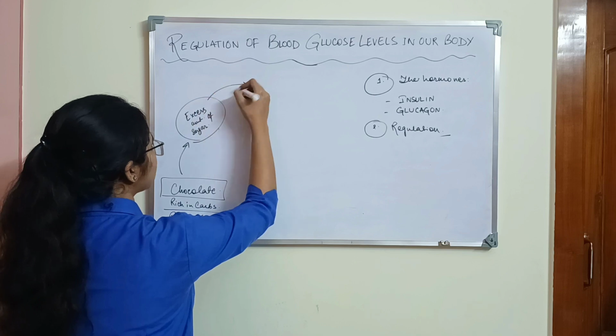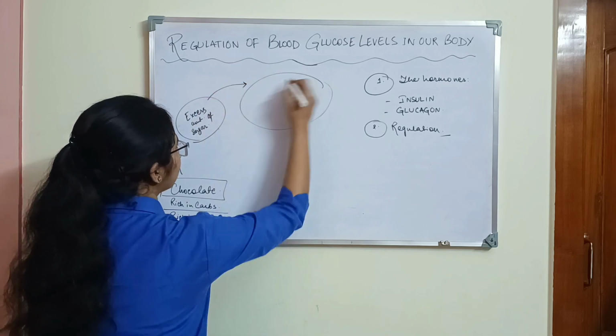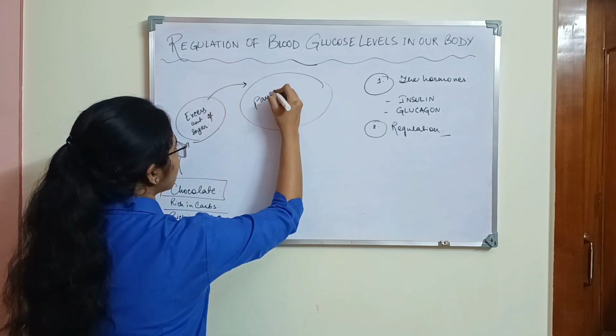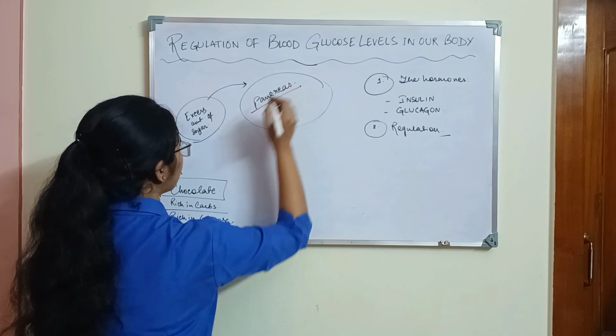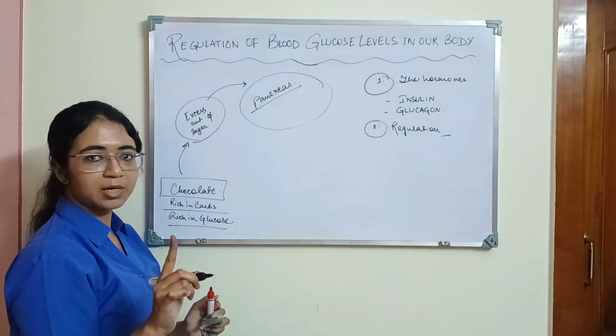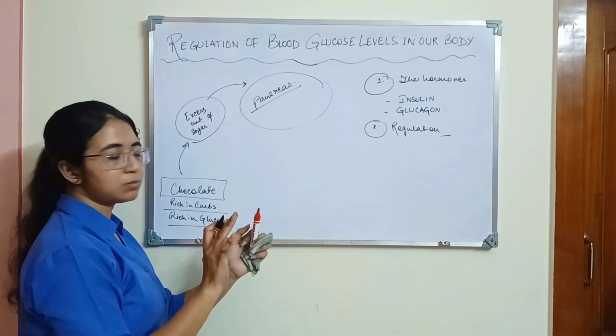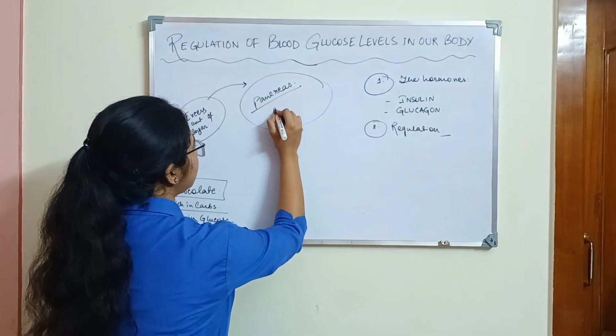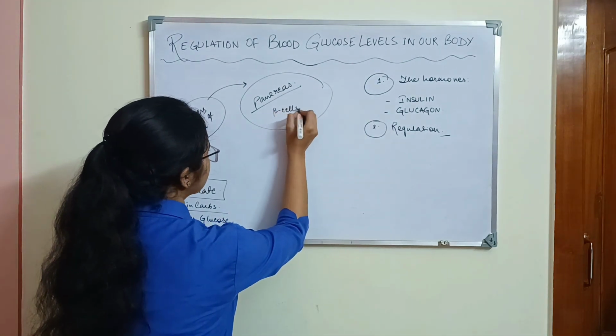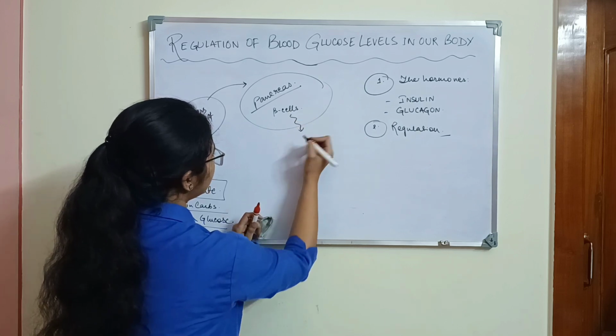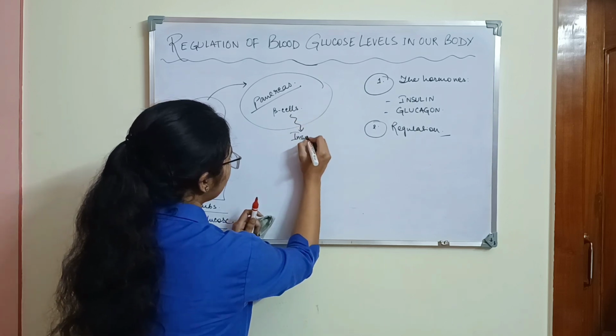This condition stimulates the pancreas to secrete insulin, because we need to lower the amount of sugar in our blood, otherwise body stability won't be there. So the beta cells of the islets of Langerhans are stimulated to release insulin hormone.